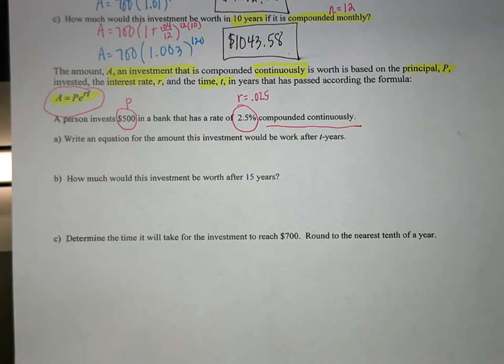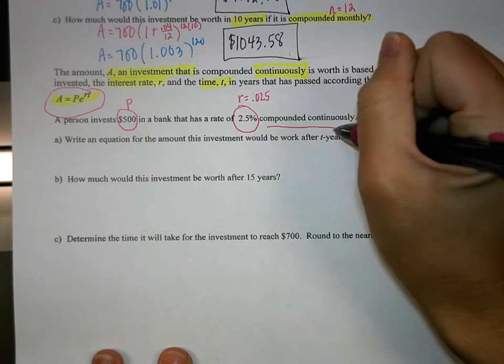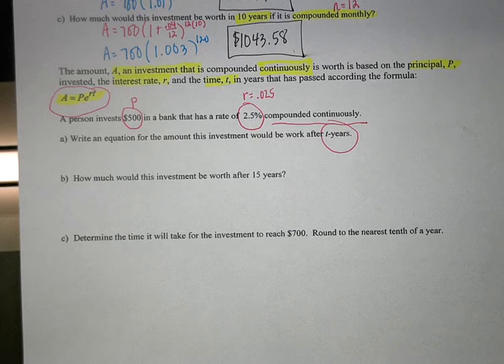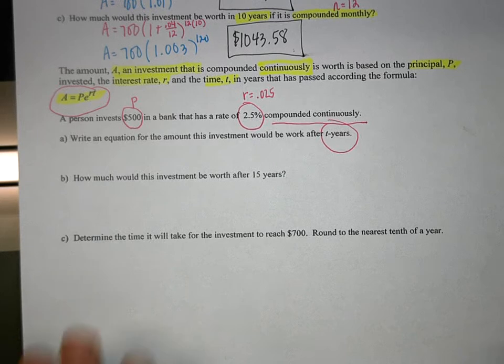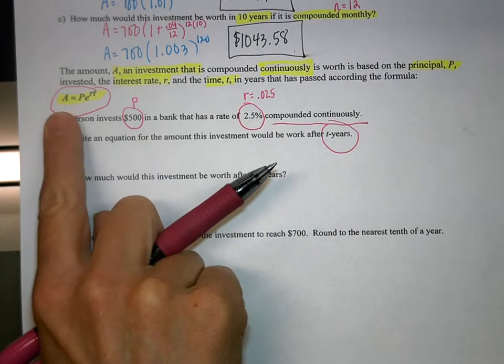So write an equation for the amount this investment would be worth after T years. Right now, they aren't wanting you to actually find an answer. They're just wanting you to write out the formula with the information they've given you. So I would write what? Since we're investing $500, we don't know what A is, correct?